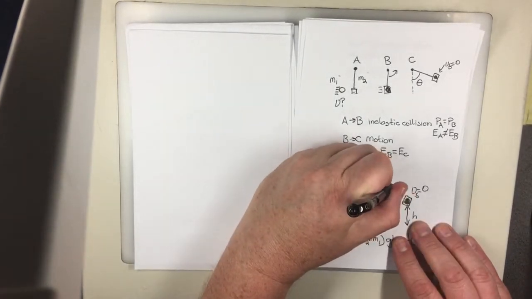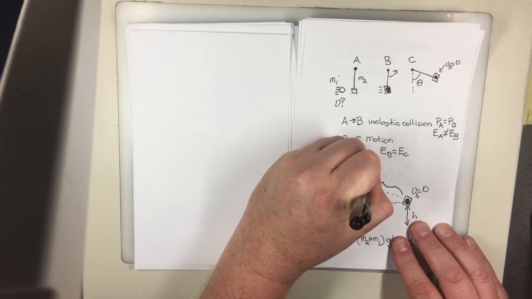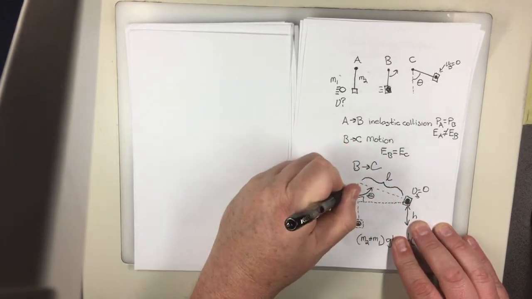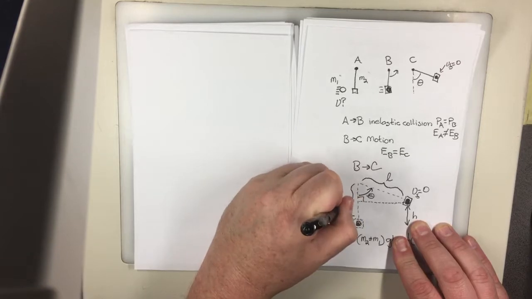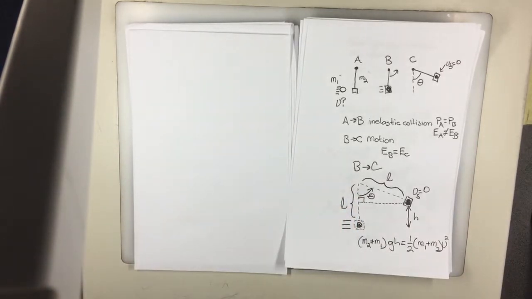If this length is length L, that length L is the length of the bar. That length has to be the same as that length because the lengths of the bars are the same. Which means that, let me get another color.